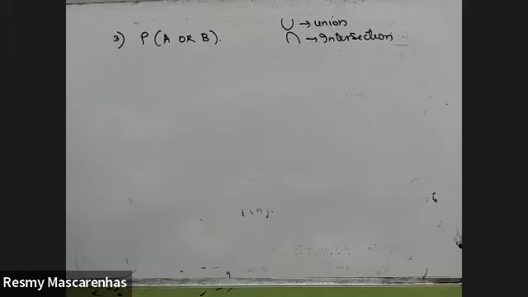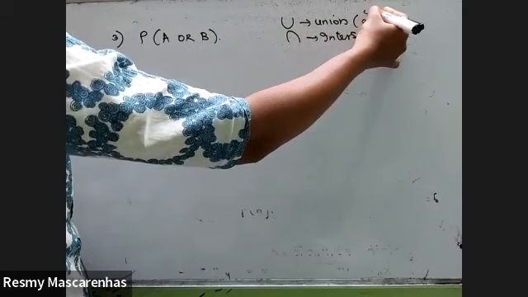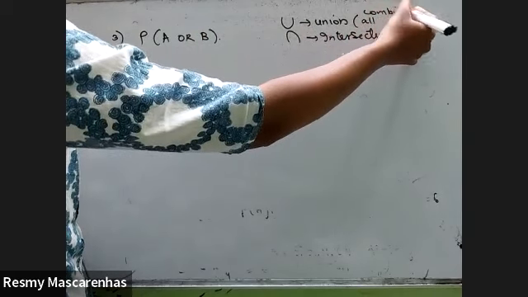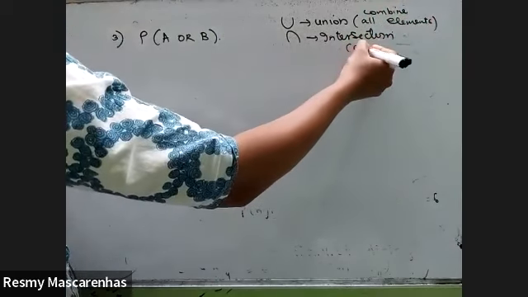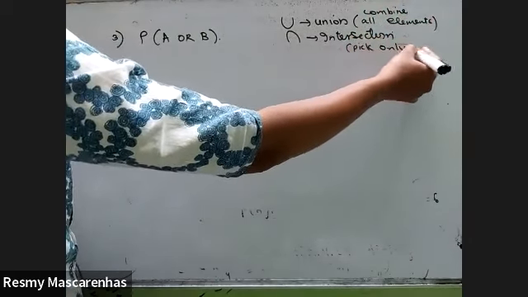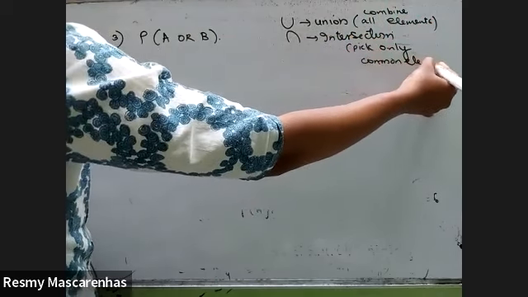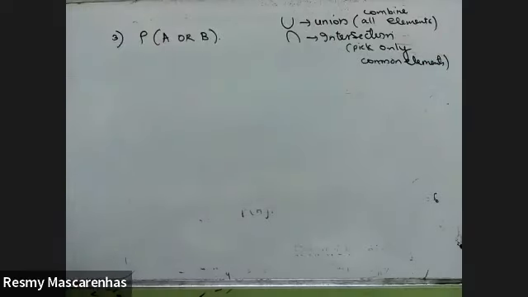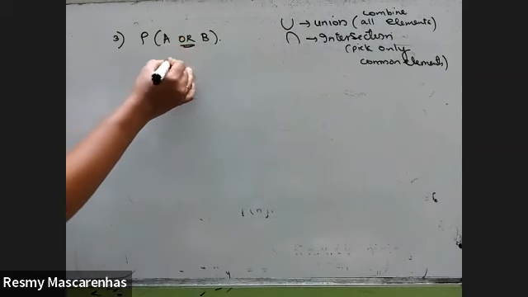Intersection means common element. Combine all elements, and intersection means pick only common elements. So, or means union.